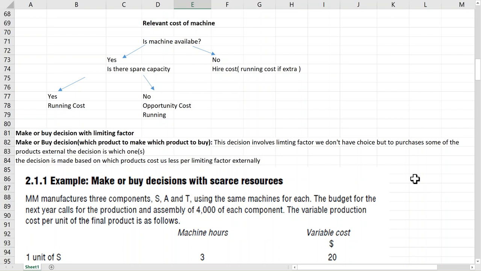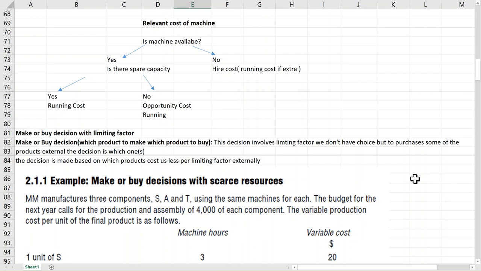And make or buy decision without limiting factor is when we have enough capacity, but sometimes we want to outsource because we believe that if we buy it from outside, it will cost us less than making it inside.